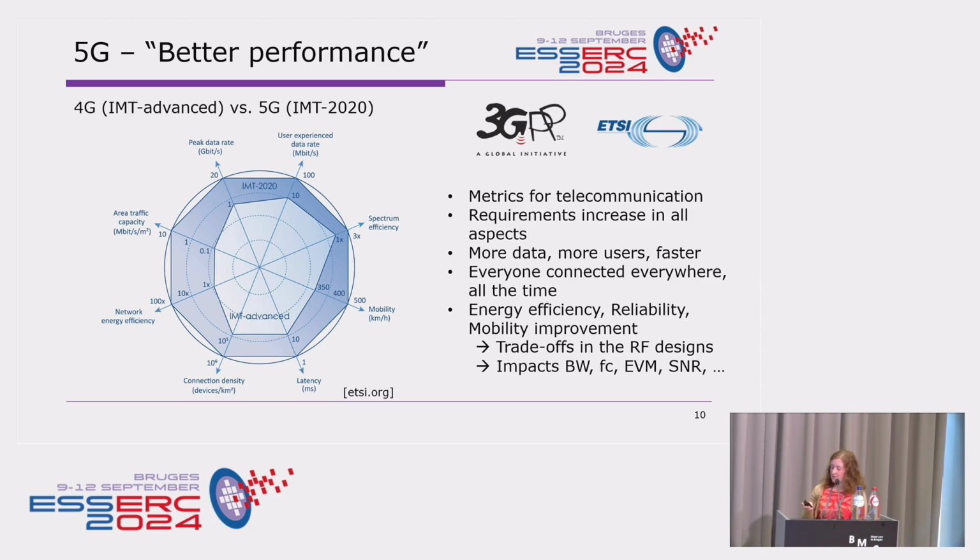And from these instances, I have this nice graph where actually 4G and 5G are compared. 4G is in the light blue in the middle, and 5G is in the darker blue. And mainly what you see is we want to do better on all aspects. We want a higher data rate, we want a higher efficiency, we want more mobility, a lower latency, and so on. And these are actually the most important requirements for our mobile communication.